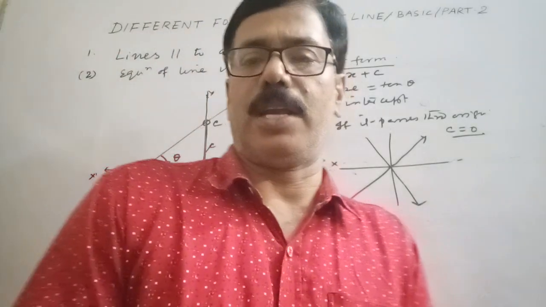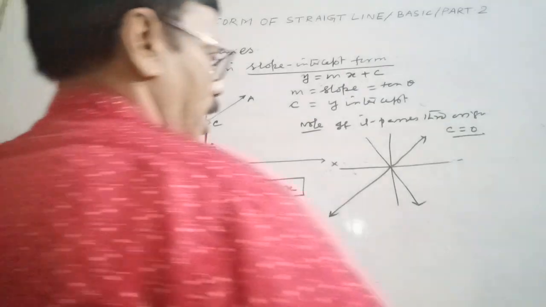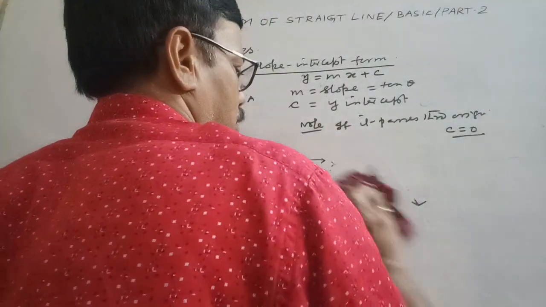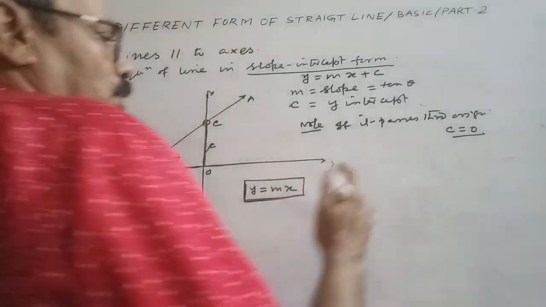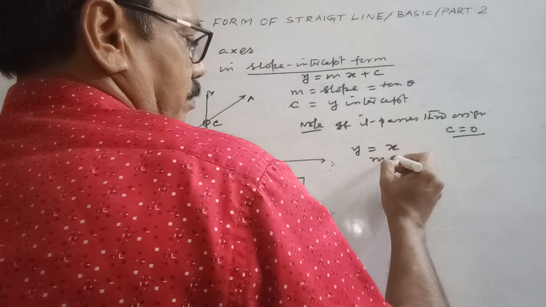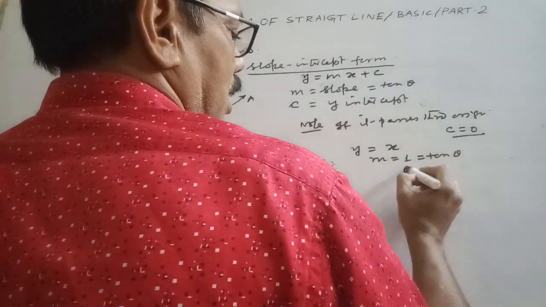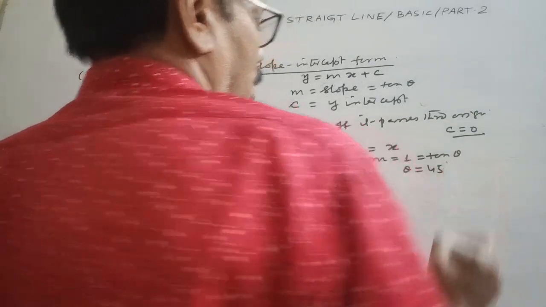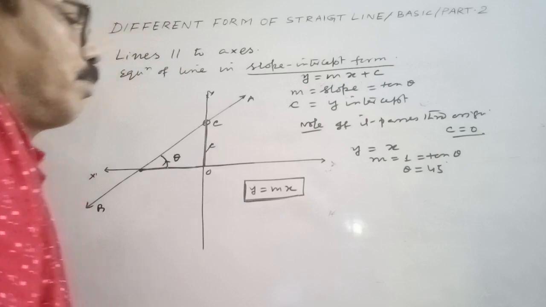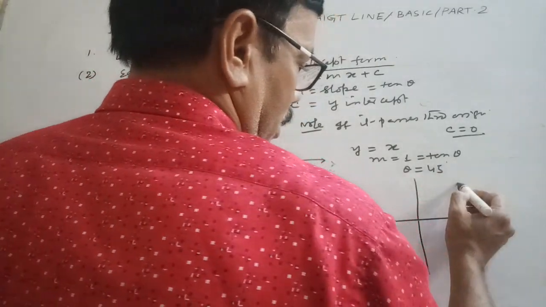So the equation of line passing through origin is y equals mx, where m is slope. Now look, if y equals x, what is m? m equals 1 equals tan theta, so theta equals 45. Obviously it passes through origin and makes an angle of 45 degrees with the x-axis.